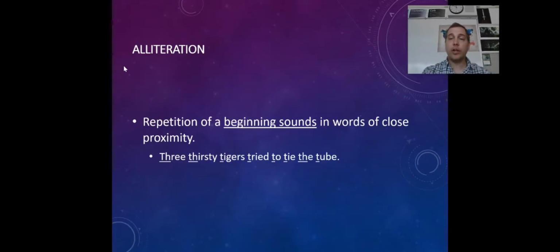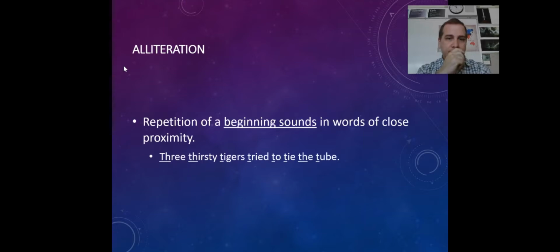And so I want to go into some of the ways that we use sound in English. The first one was rhyme. Now I want to also go into something called alliteration. This is when you repeat the beginning sounds in words that are close together, right? So if we said "3 thirsty tigers tried to tie the tube," you'll notice that all of those are starting with the T sound.